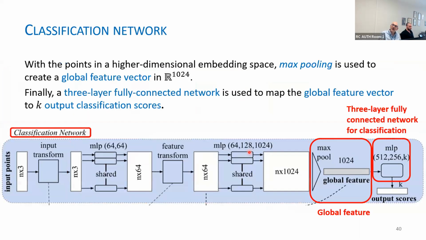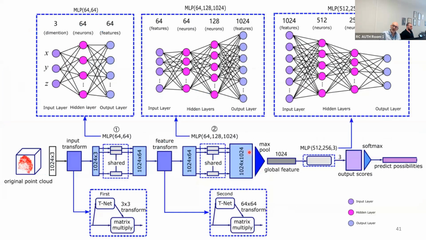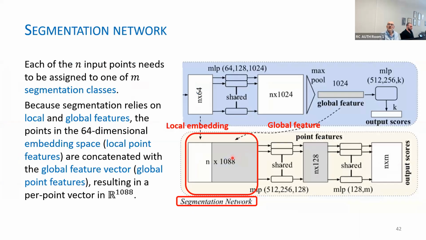And then for this segmentation part of the network, again we have the application of a shared multi-layer perceptron at the point level, and another layer with the same idea of having this multi-layer perceptron.